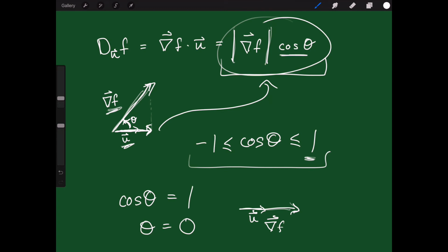In the same way, we could ask, well, where's the slope the smallest? Well, it's going to be where cosine of theta is -1. Where's cosine of theta -1? If I said cosine of theta equals -1, well, then theta would be equal to pi.